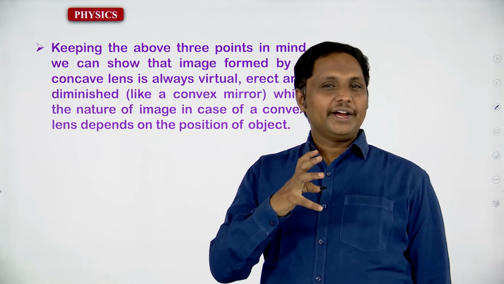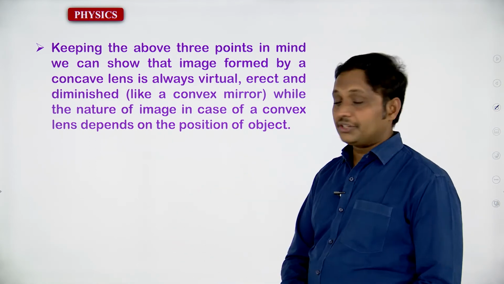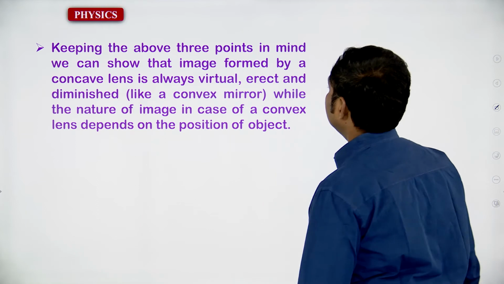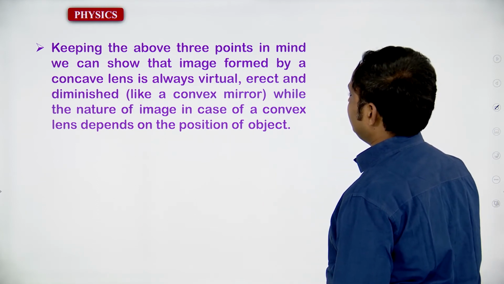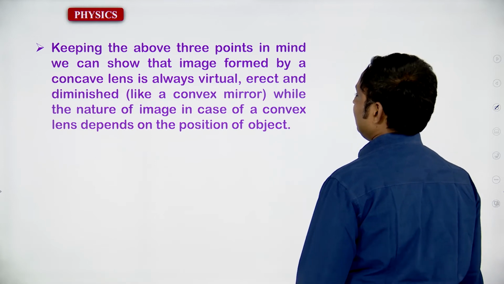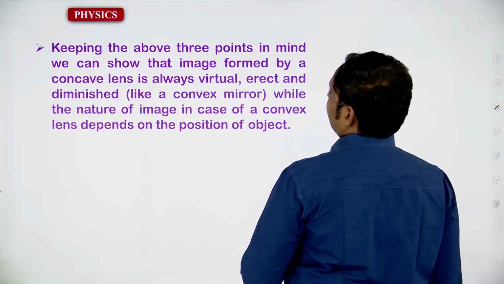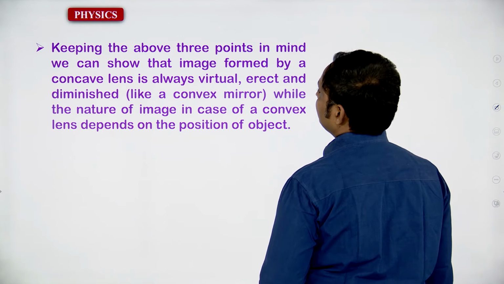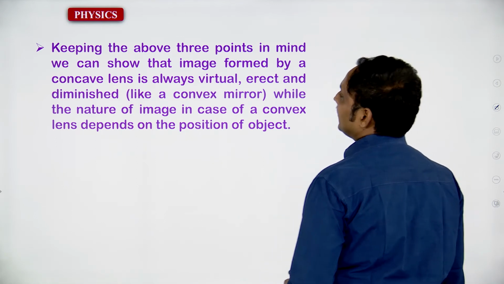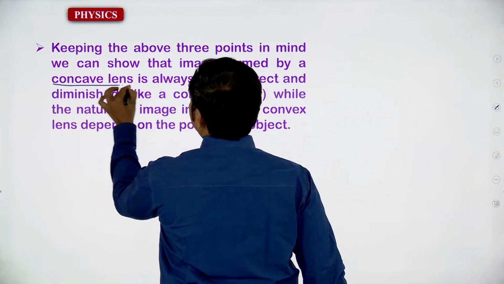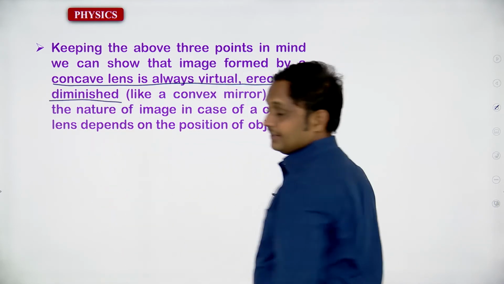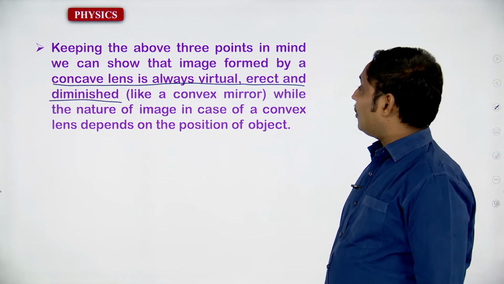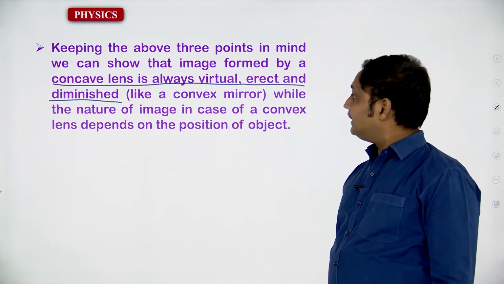Keeping the above 3 points in mind, we can show that the image formed by a concave lens is always virtual, erect and diminished. Concave lens is always virtual, erect and diminished.